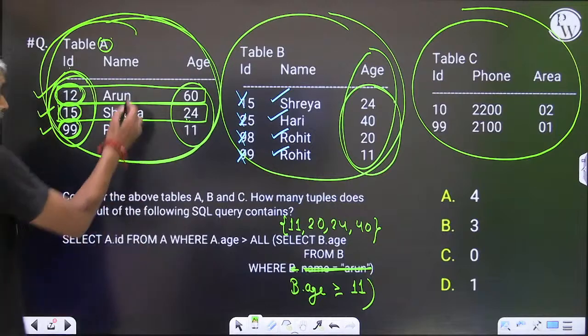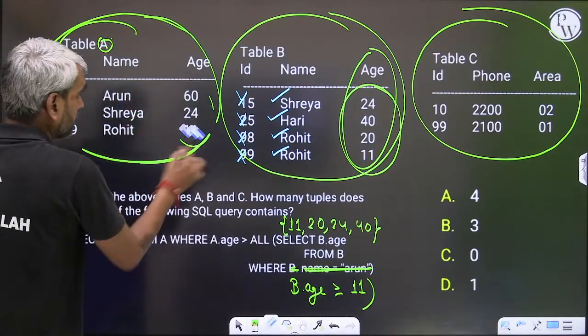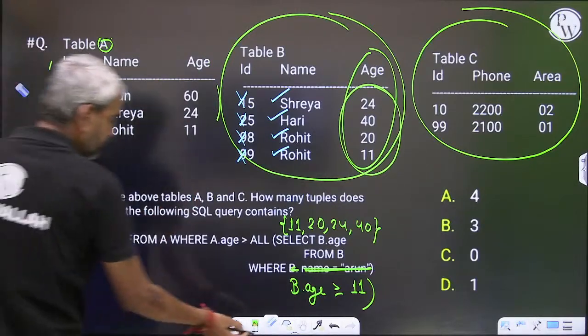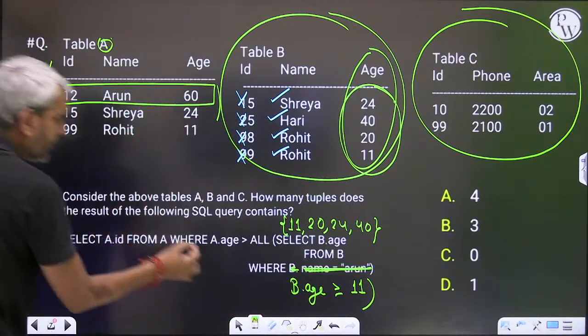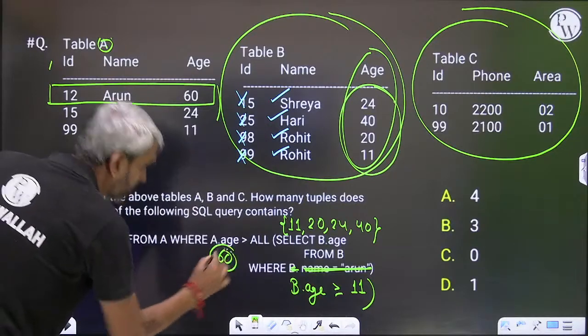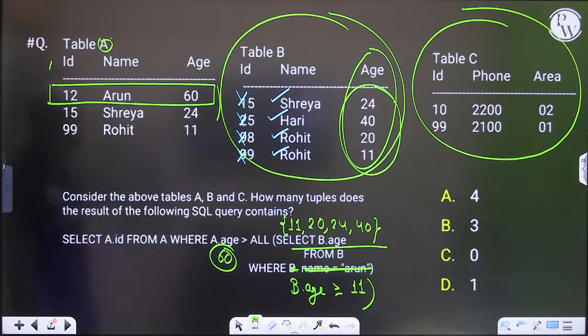Now you will go with the first tuple of the table A, and you will check whether the age in the first tuple is greater than all the values produced by the inner query or not.